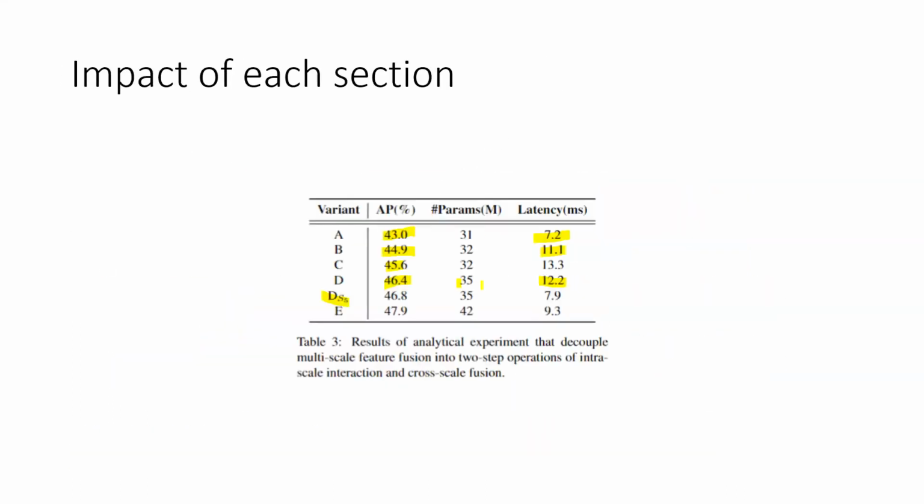So what they showed here is that if they use just S5 for the AIFI module, then the accuracy increases. Compared to D, the accuracy increased by 0.4 AP, but the latency decreased a lot.